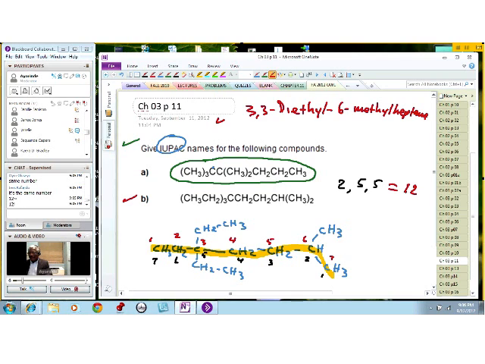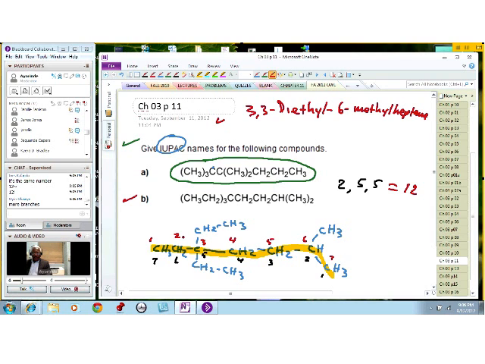But in this case, if you can go from either side and the assignment of numbers is the same, then you've got to give priority to the alphabet. In this case, ethyl comes before methyl. So you have to start counting from the side where you have the ethyl at the lowest possible number.